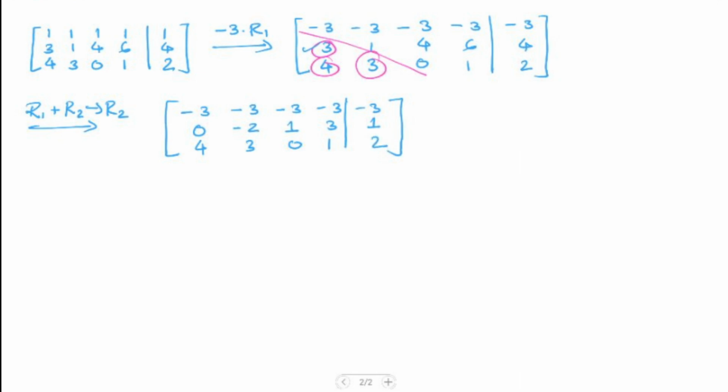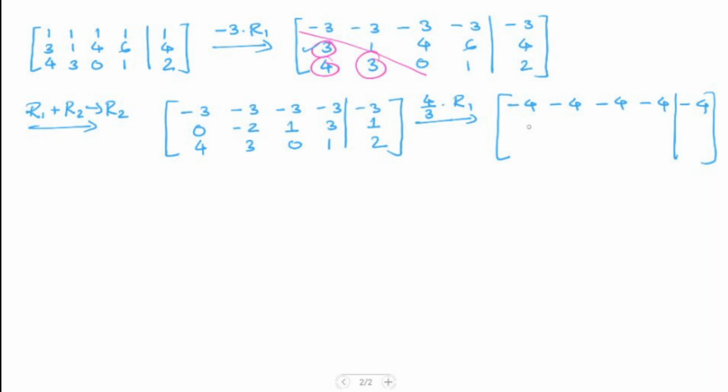Now the next step that we'll do is multiply 4 over 3 to row 1. So what we get now is minus 4, minus 4, minus 4, minus 4 here, and minus 4 here too. And then we'll get row 2 and row 3 doesn't change.